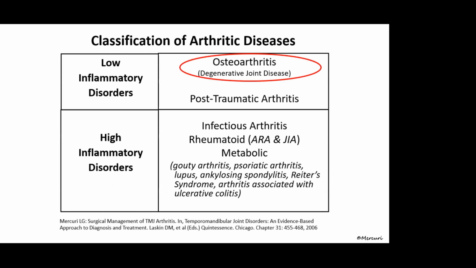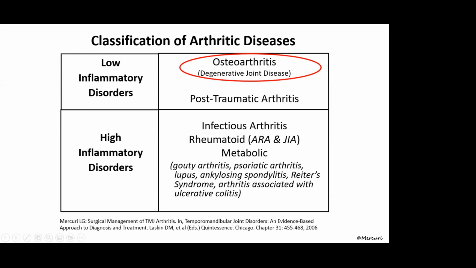First of all, we have to classify osteoarthritic diseases. Osteoarthritis is a low inflammatory disorder as opposed to rheumatoid or metabolic or infectious arthritis, which are high inflammatory disorders of joints.